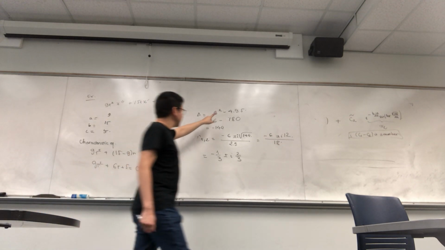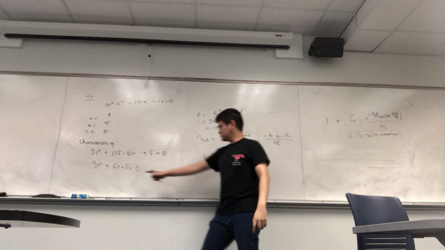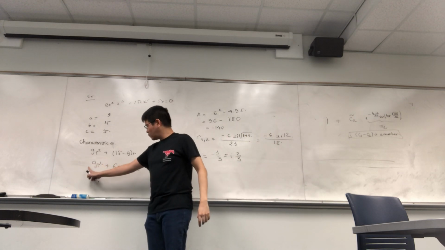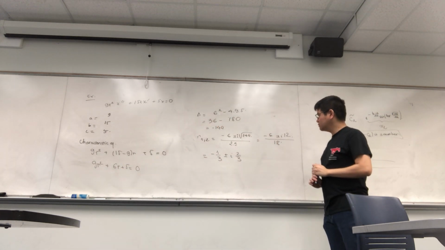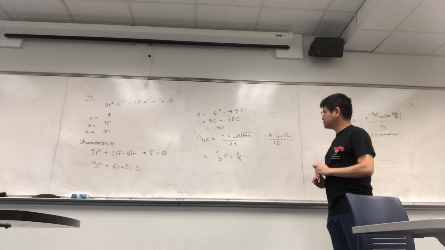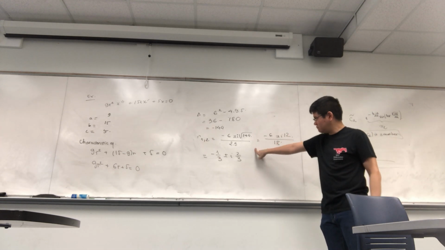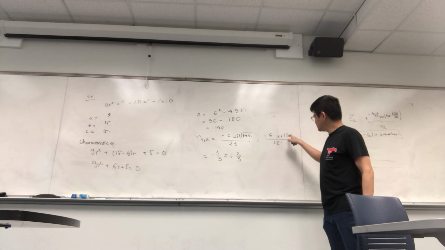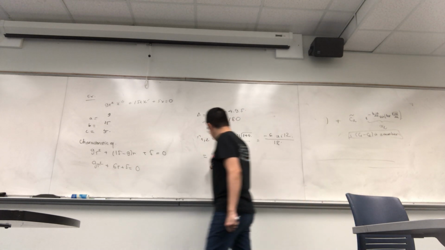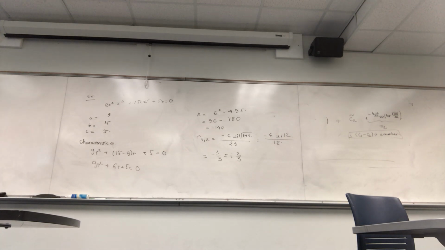The delta will be 6 squared minus 4 times the first and the last, which is -144. So the two roots will be -6 plus or minus i square root 144 over 2 times 9, so -6 plus or minus i 12 over 18. So this is -1/3 plus or minus i 2/3.